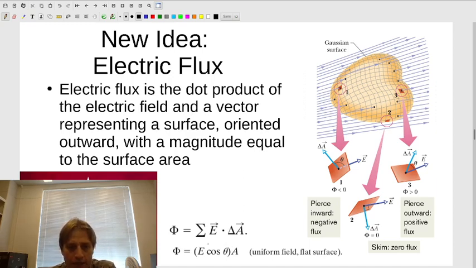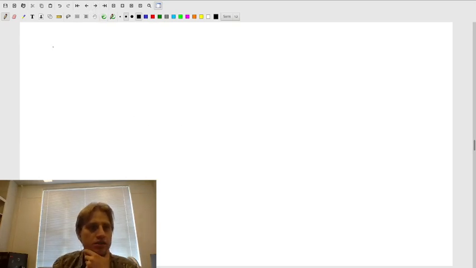So it depends on the magnitude of the electric field, the area of the surface that you're considering, and the angle between them. I think it's easiest to give an example where we change that angle and see how our flux changes.